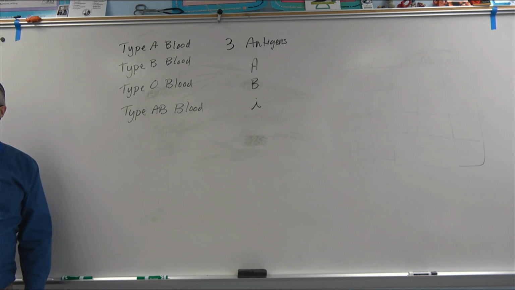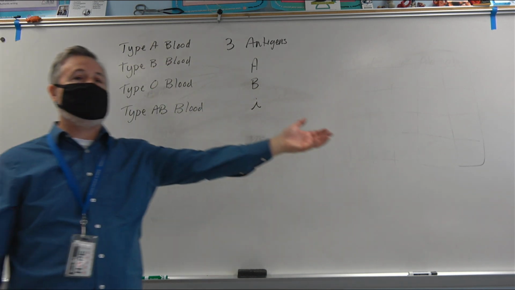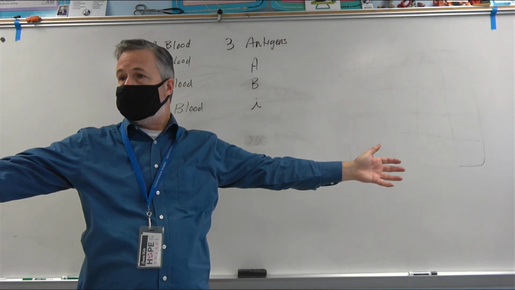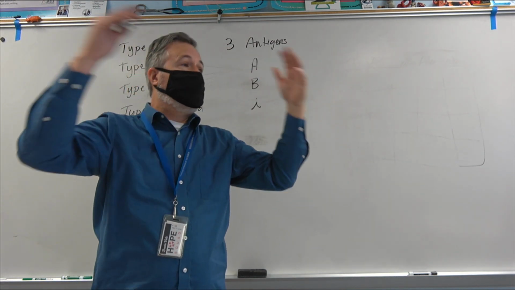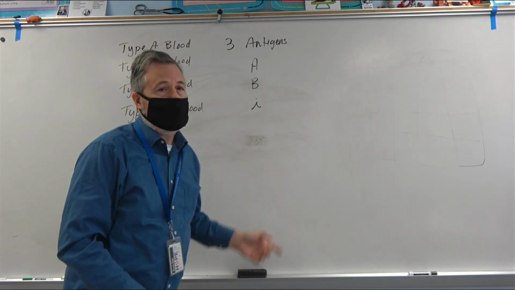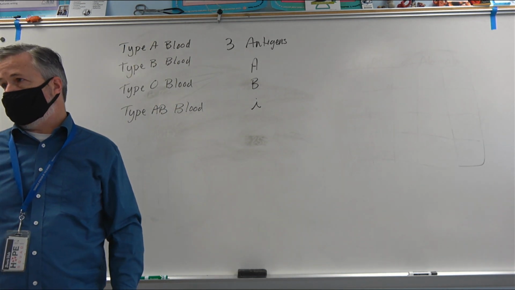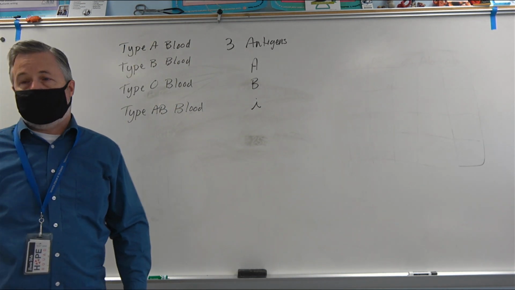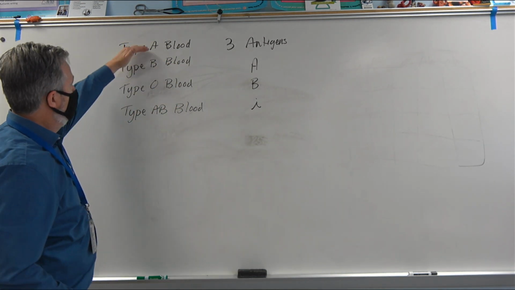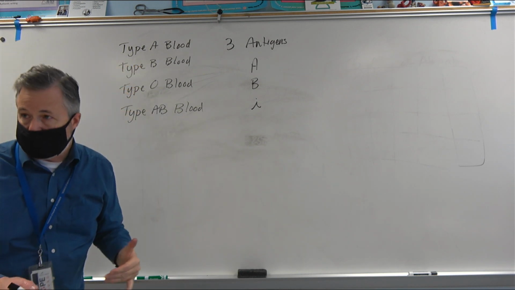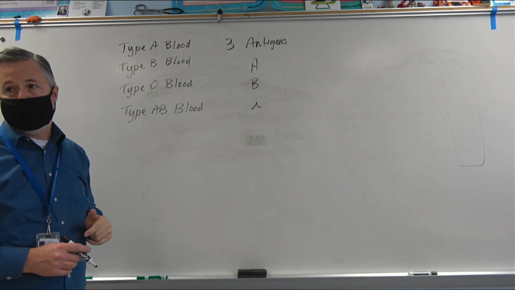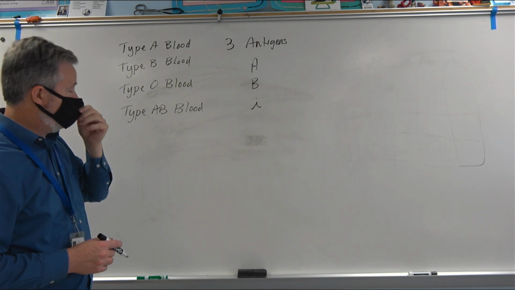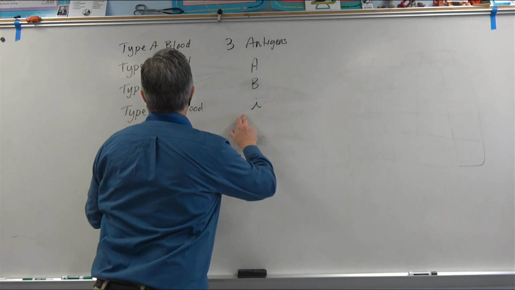An A antigen means you're presenting A; the body's seeing A, that's you. B is B. O means you don't have either one of those. So for us to do this multiple allele, we have 3 different alleles that it could be.